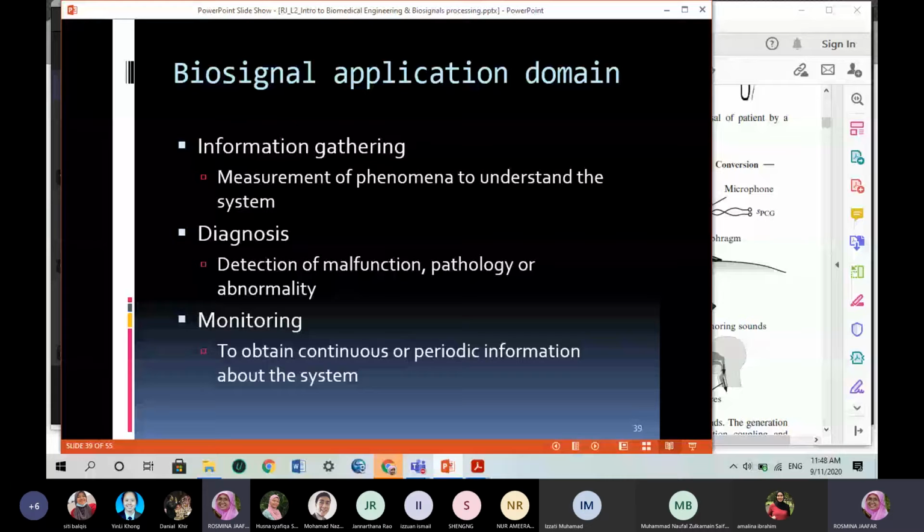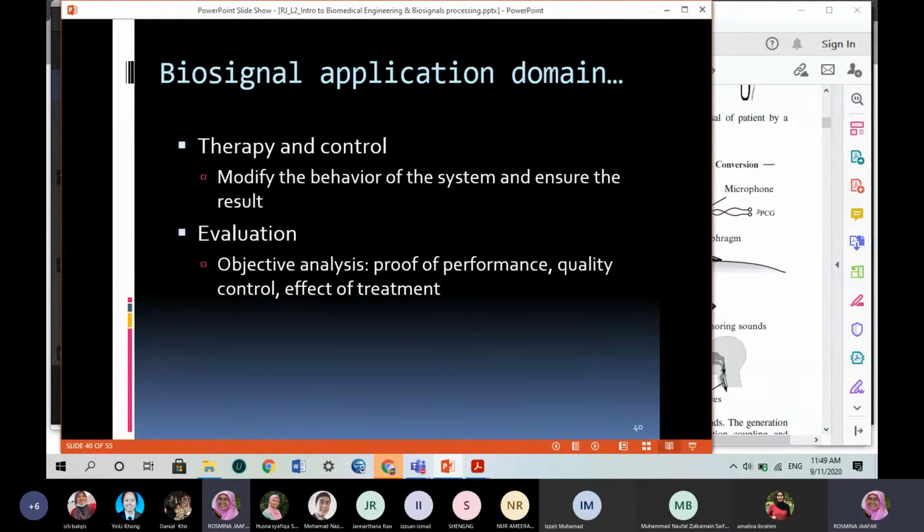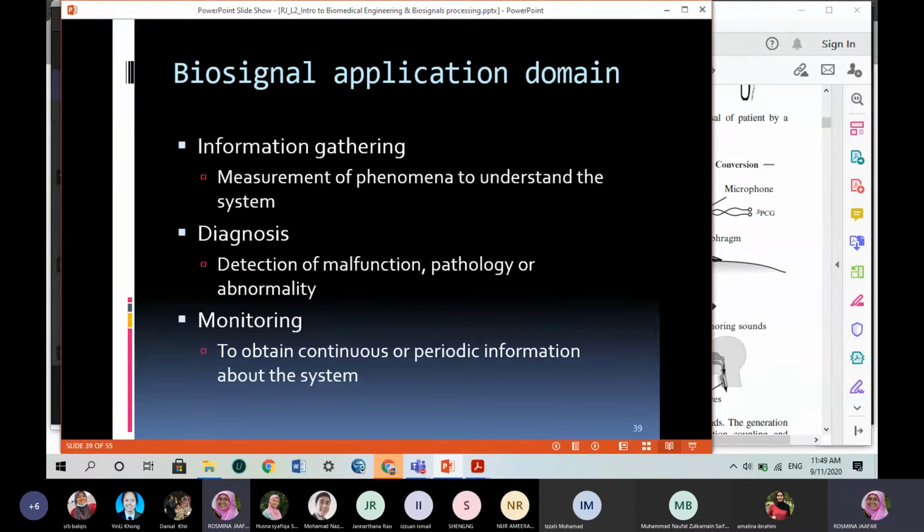So these are the purposes of conducting biosignals. Okay, you can also do biosignal analysis for monitoring purpose. So there are three main objectives. Another, I think, 5 actually, for therapy and control and for evaluation.